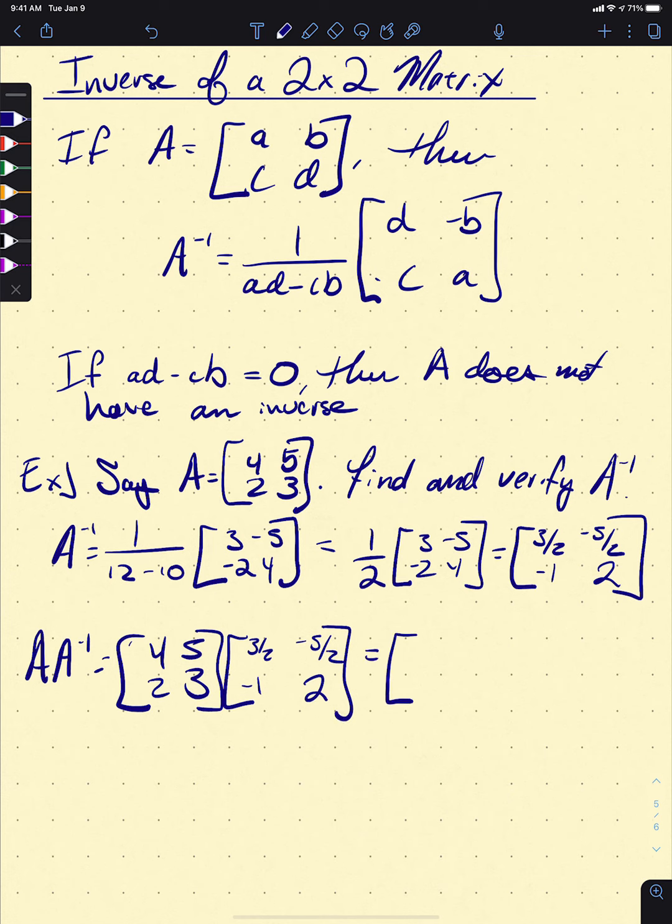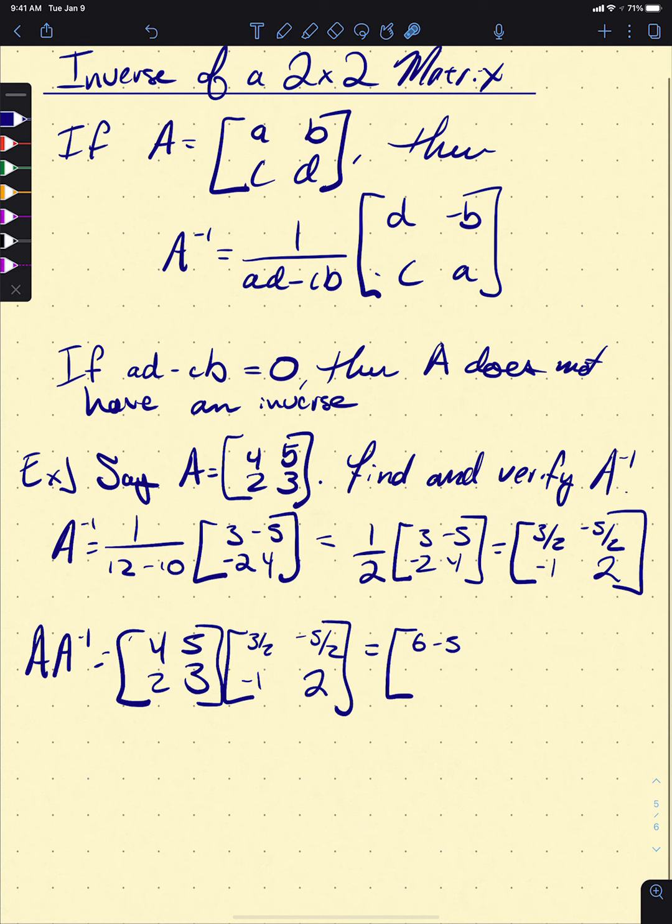What do we get when we perform this matrix multiplication? Well, we're going to have 4 times 3/2, which is going to be 6, minus 5. For this entry, it's going to be 4 times minus 5/2, or minus 10, plus 5 times 2 for 10.